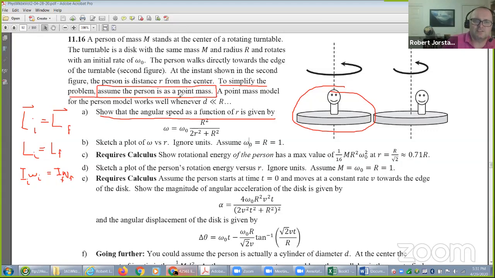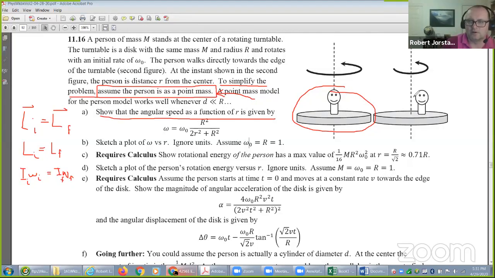Assume the person is a point mass. If you're not sure if it's a point mass, you can ask. During the final exam, I'll be sitting there in my Zoom room or answering emails again. So if you're not sure on a test question if something is a point mass or not, just ask. Typically, lumps of clay are point masses. While not usually true, you wouldn't think of this person as a point mass.